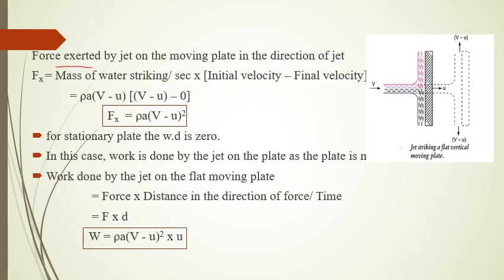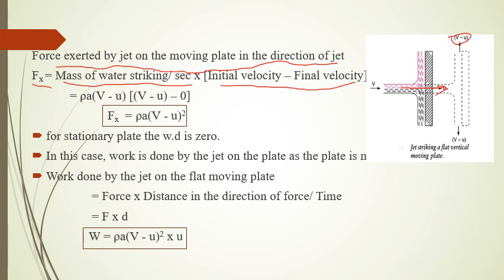Force exerted by the jet on moving plate in the direction of jet is Fx. In the direction of jet means jet moves in horizontal direction, so force in horizontal direction is Fx. Fx equal to mass of water striking per second into initial velocity minus final velocity. Here we will take relative velocity.